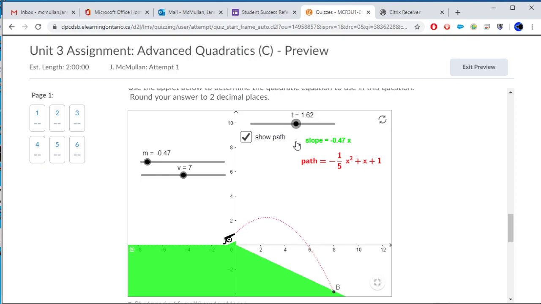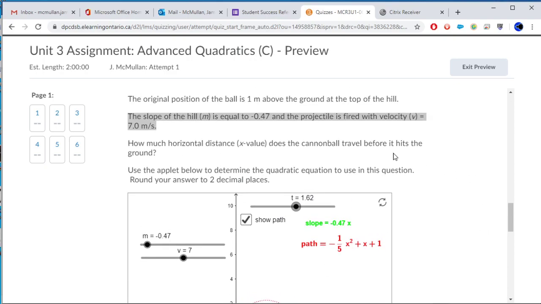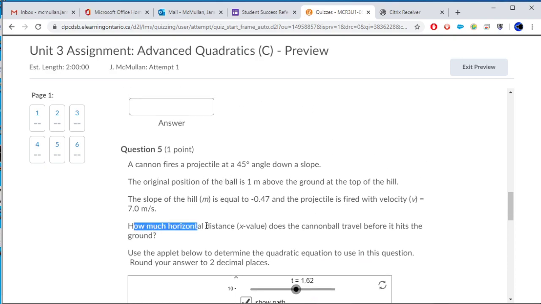And you can see that, yeah, actually it does land a little bit shy of 8, so probably my answer is actually right. So what I said at the beginning, where I said my answer would be 1.62, I'm totally wrong. I forgot that what we're looking for in this question is not how much time it spends in the air, but rather how much distance it travels.